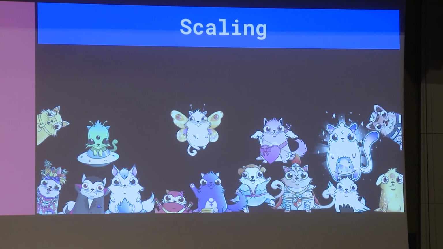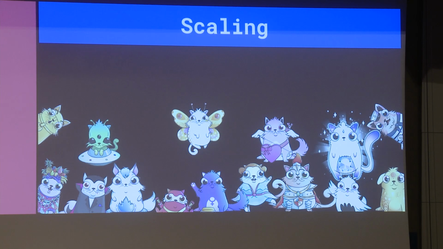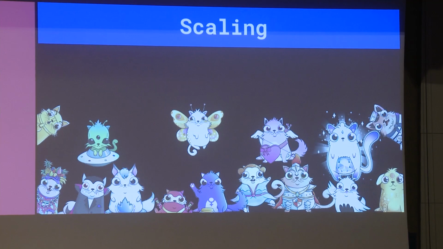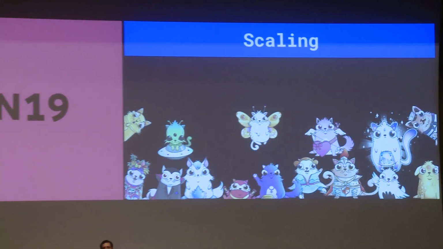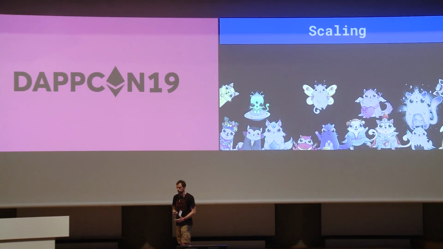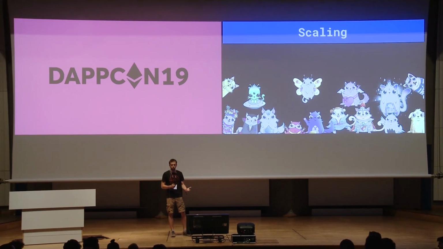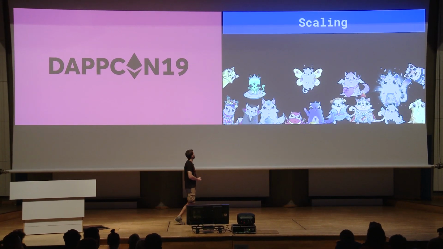Now, scaling is super important because we all remember what happens when blockchains run out of capacity. If you want your Dapp to be successful, then you probably expect a lot of users at some point in the future, and you want to be prepared for this. So you want to plan ahead for how you're going to handle the scaling situation when it occurs.